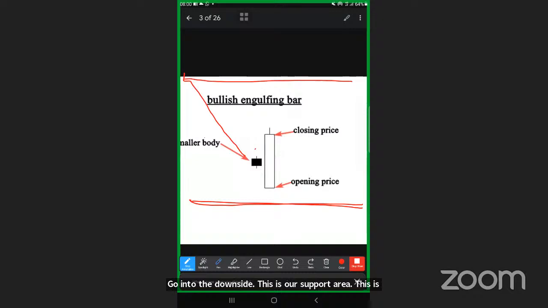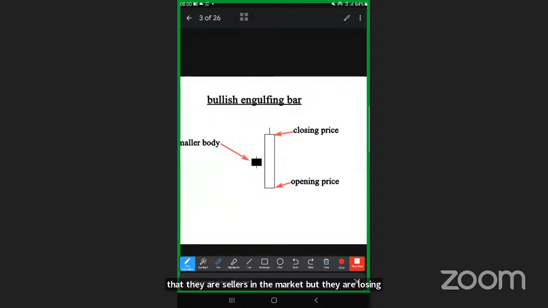This candle shows that there are sellers in the market, but they are losing momentum. When I say losing momentum, I mean they cannot proceed pushing the market further down. The size of the candle tells you the energy is exhausted. As a result, buyers have the opportunity to take over the control of the market.